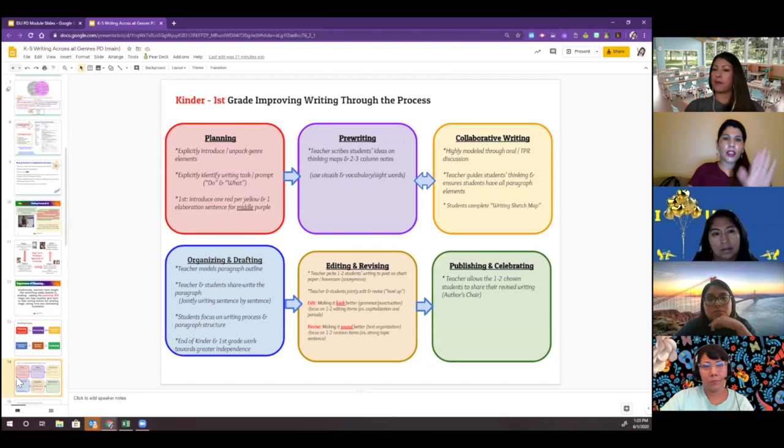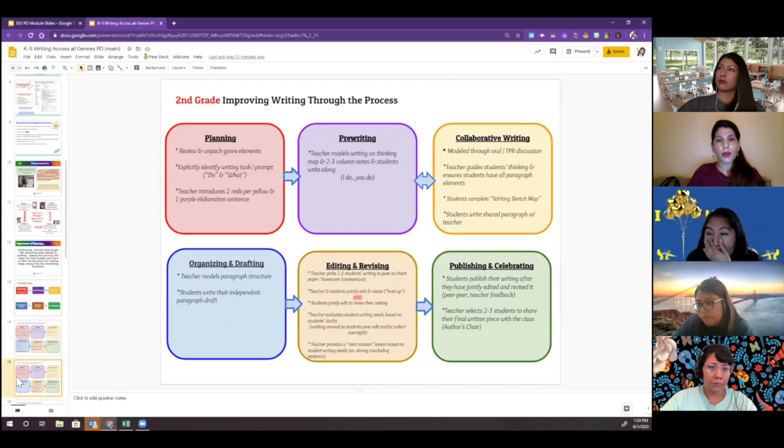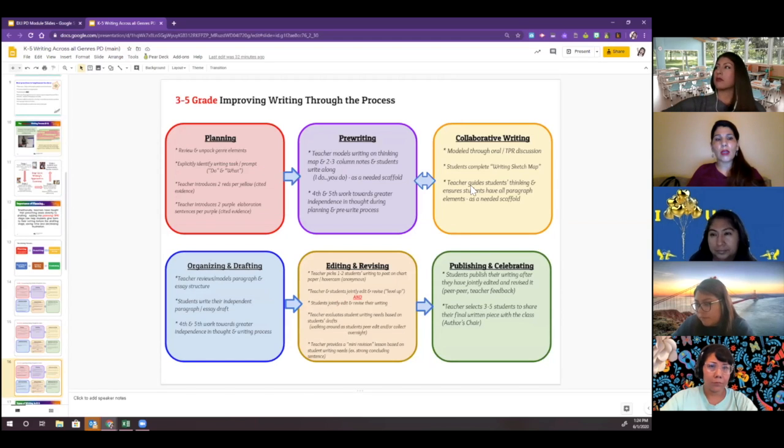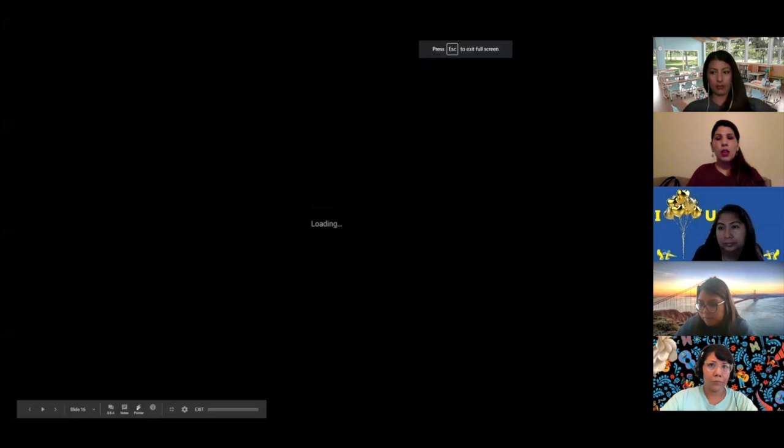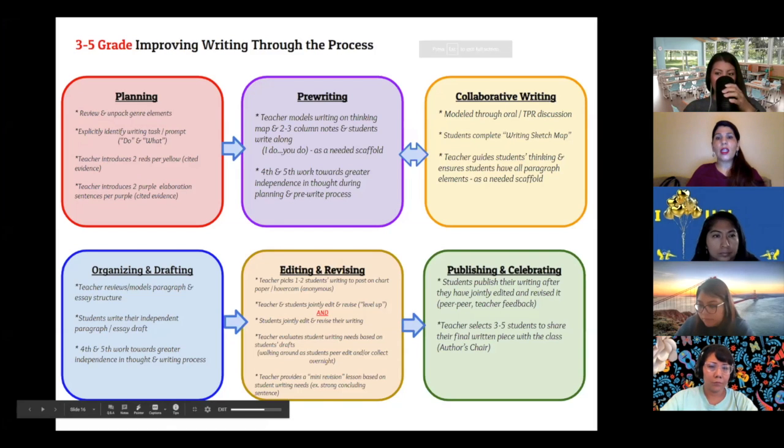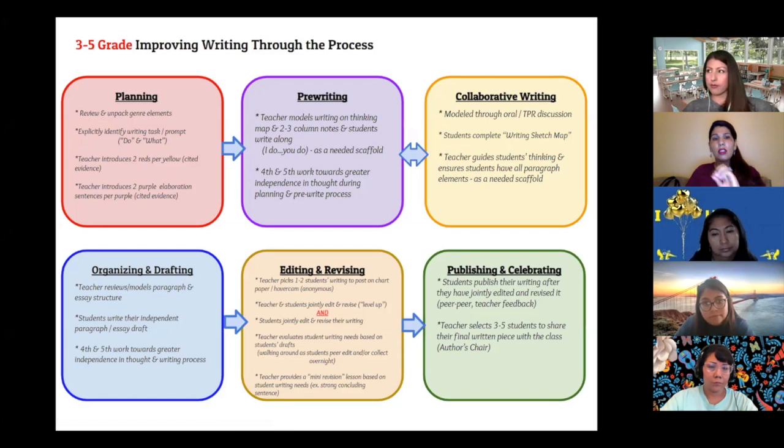And then Tina, if I may share, also, we know, as Tina mentioned, you guys have already seen many forms of the writing process. Through our credential programs, we also get to see some forms of it. But as Tina mentioned, we really are attempting to bring through this whole routine the importance of each of the stages, super deep into each of the stages, to where it's equally important for the students to write, but also equally important for them to plan, to pre-write, for us to do a collaborative.